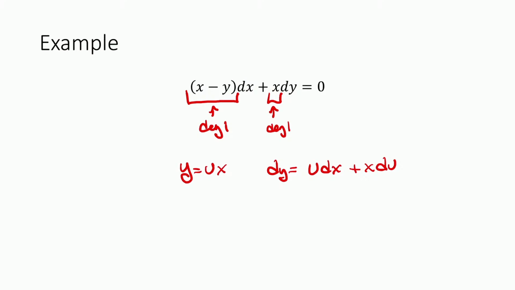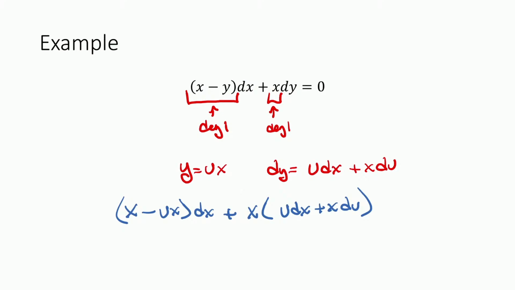It feels like it's blind, but it's not. So you have x minus ux times dx plus x times u dx plus x du. There we go. Now it feels better to me. So that all went here, and that equals 0.